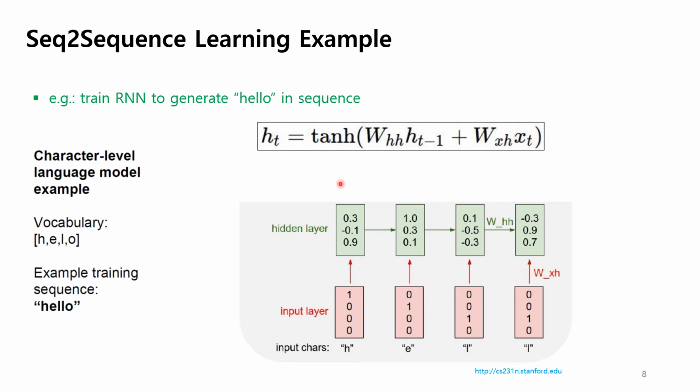We use an error function, whatever the error function is, to compute the error between the output and the true value. In this case, the true value should be E, because our goal is HELLO. We gave H, so the output should be E. So we compute the error in this step.